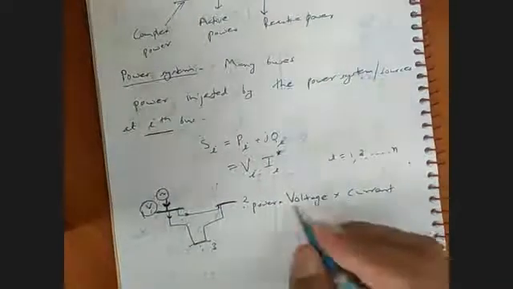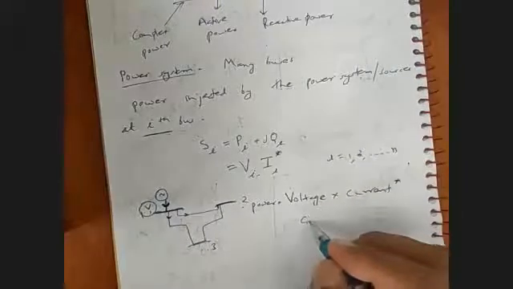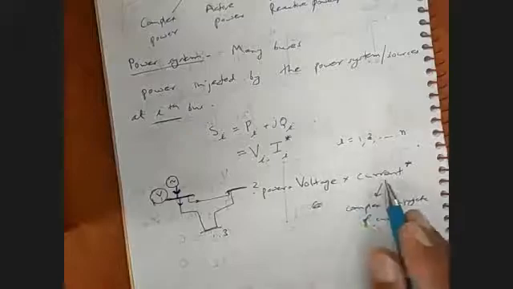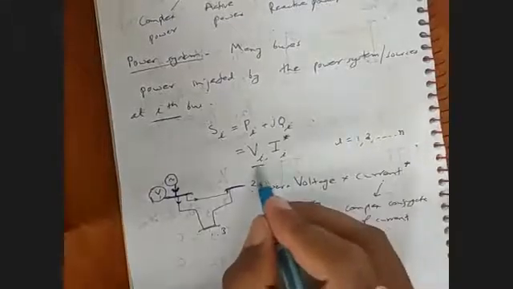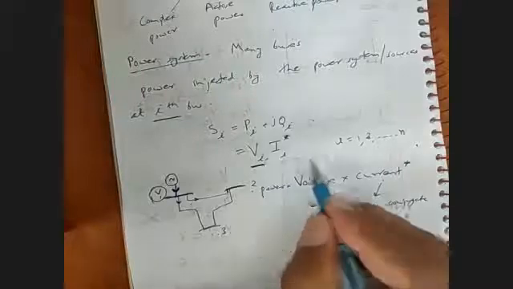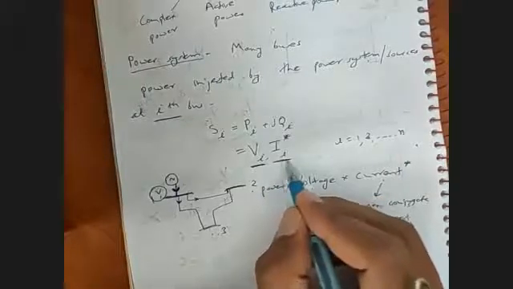And when we talk about complex power, it is voltage into current star. Current star means it is complex conjugate of current. So it is Vi, the voltage of the bus for which we are calculating the power, and Ii star is the current of all the buses.